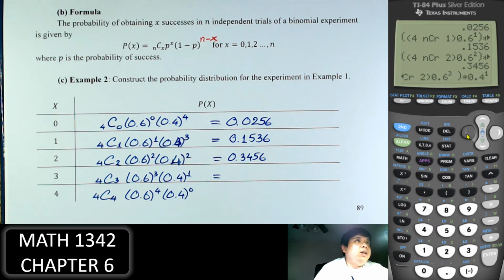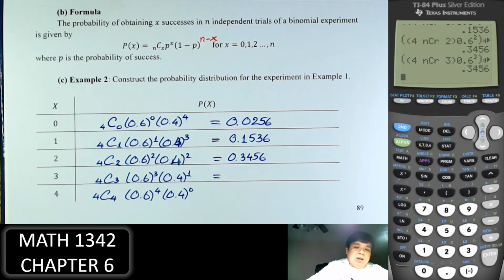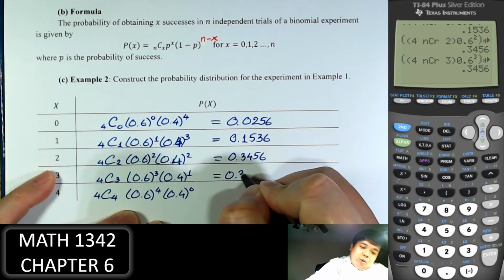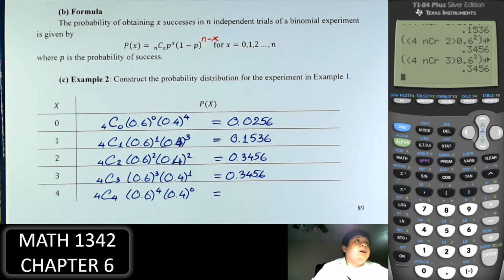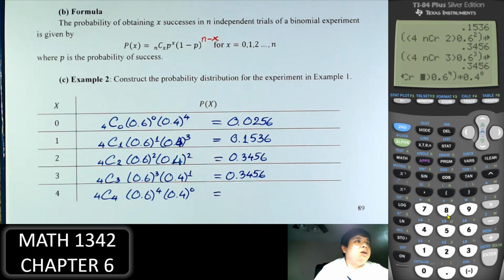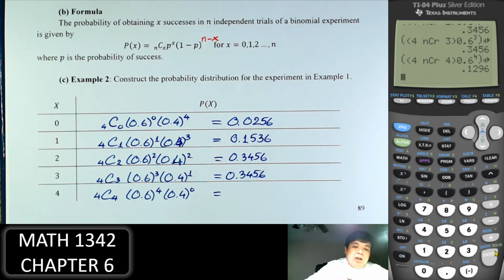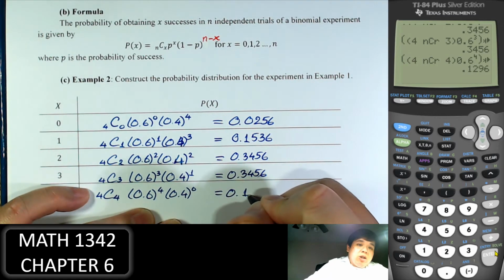That to 3, 0.3456. And now select all 4 of them to be heads: 0.1296.